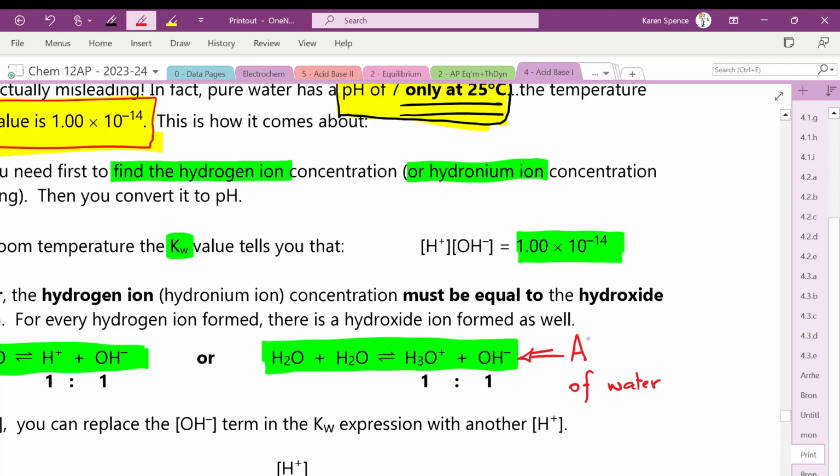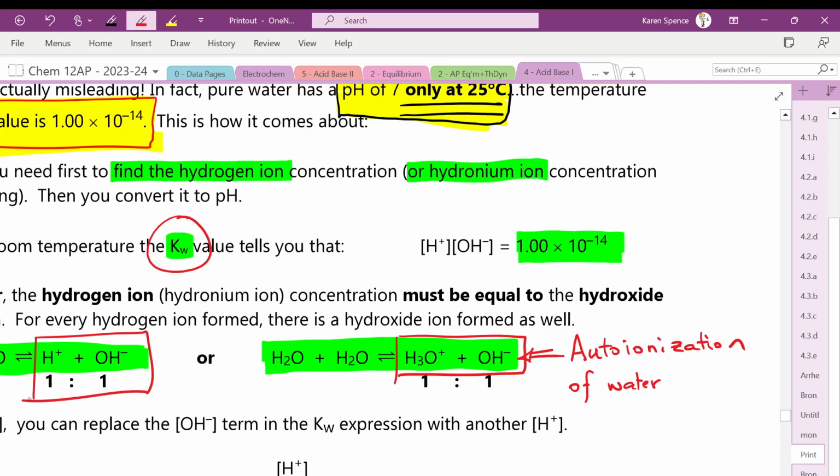So instead of self, we're going to use auto. Auto-ionization of water. And it is from the auto-ionization of water that we get Kw. So Kw is going to be hydronium times hydroxide, or hydrogen times hydroxide. Yes, this is Kw.